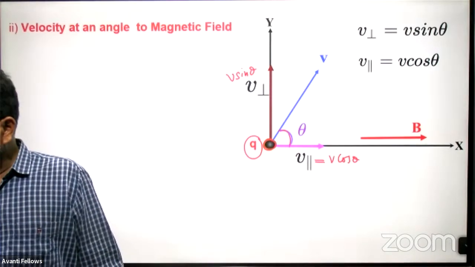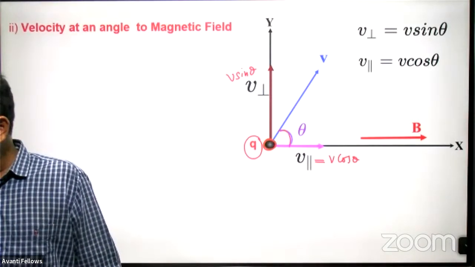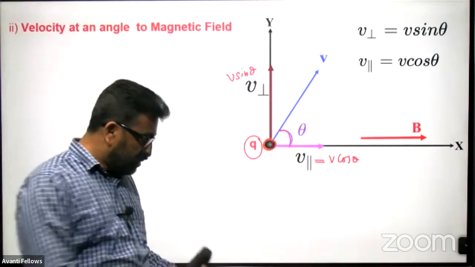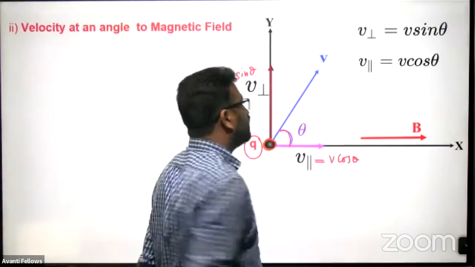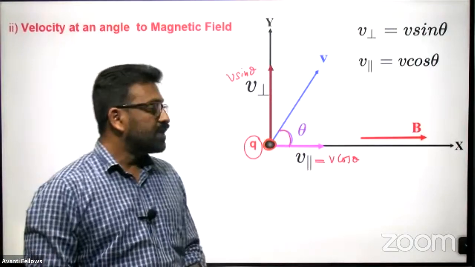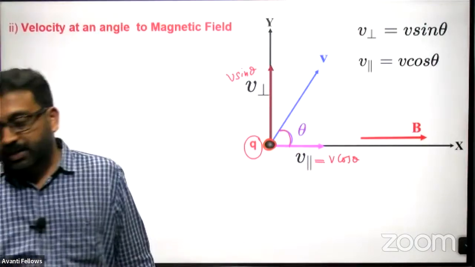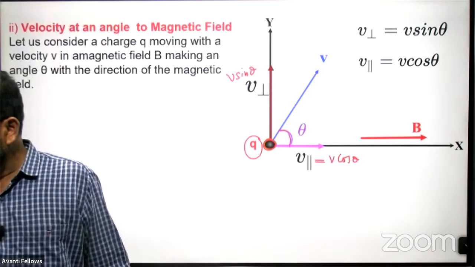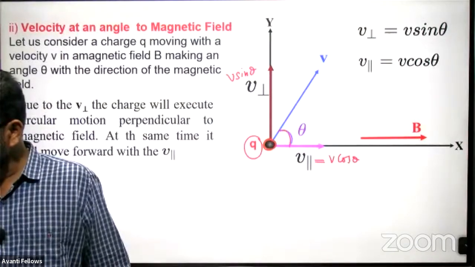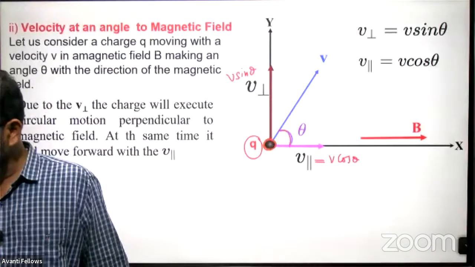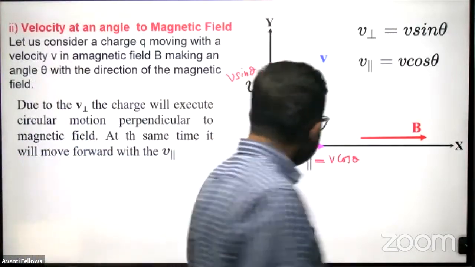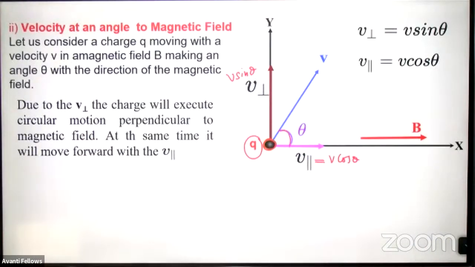So the charged particle is moving with velocity v, and that velocity v is at an angle theta with the magnetic field. It will have a vertical component as well as a horizontal component.